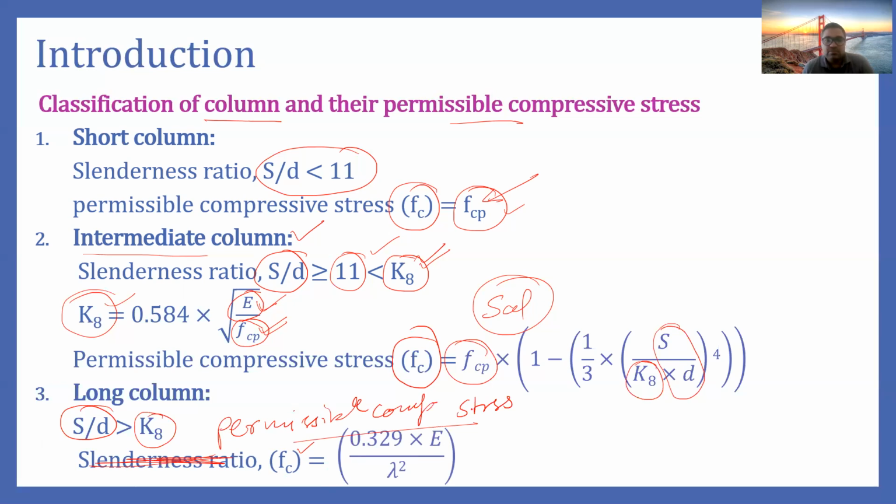So here, this FC value will be highest in a short column, moderate in an intermediate column, and smallest in case of a long column. So this limit is followed in this manner.